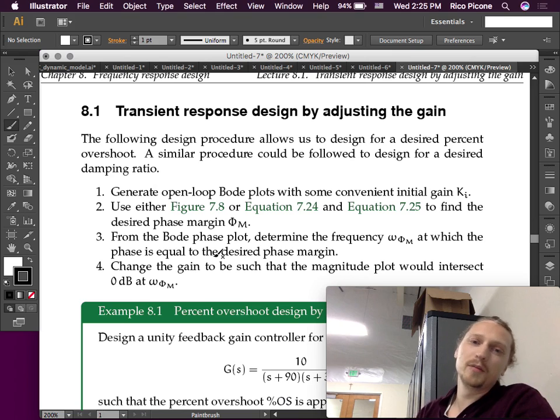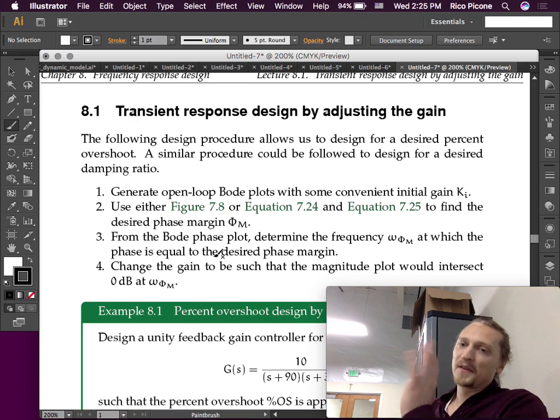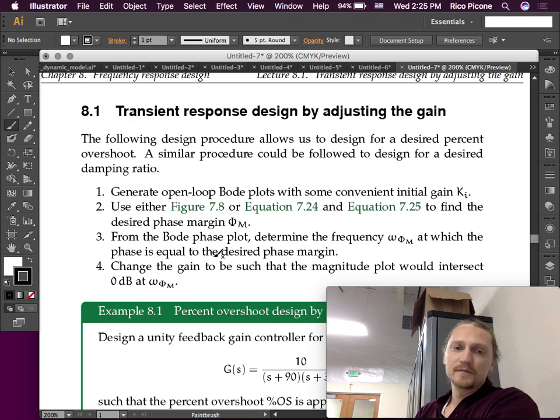Generate open loop Bode plots with some convenient initial gain Ki. We'll talk about this convenient initial gain. Use either figure 7.8 or equation 7.24 and equation 7.25 to find the desired phase margin phi m.